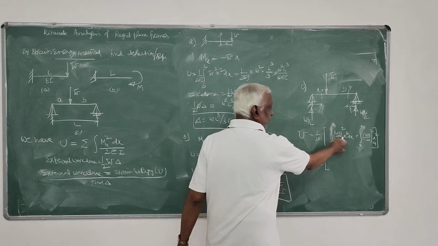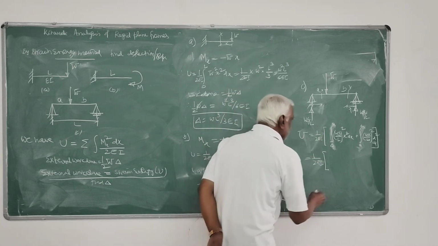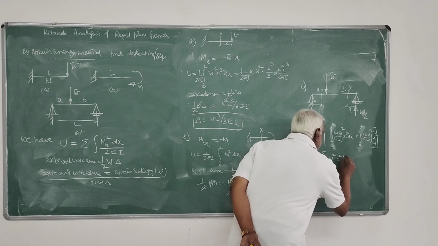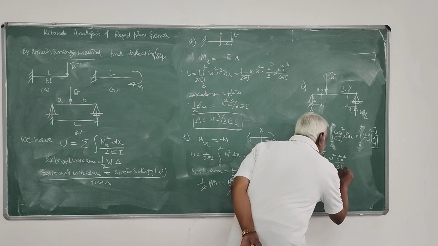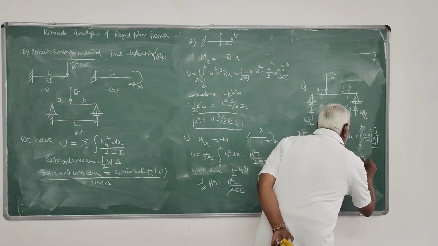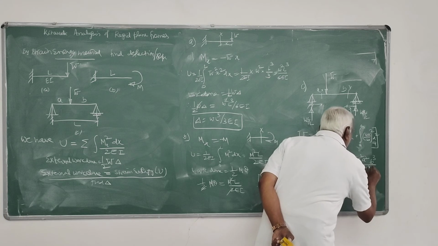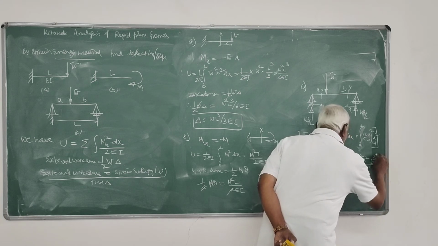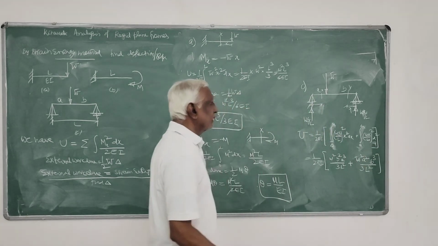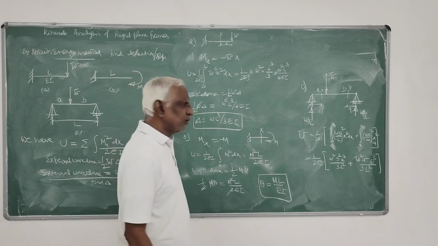I put the upper limit A cube by 3. So this is W square A cube B square by 3 L square, and W square A square B cube by 3 L square. This is what you are getting as U.